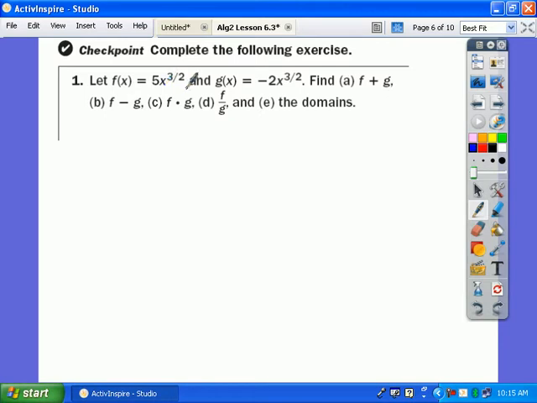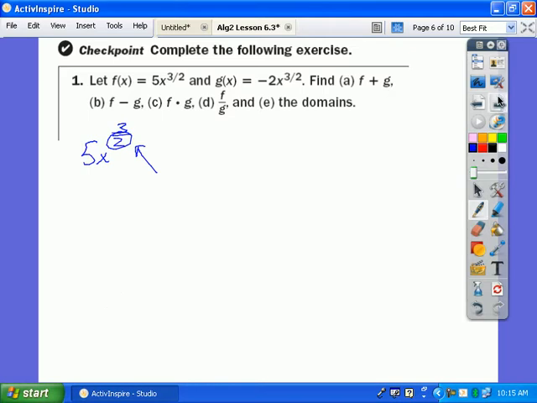So that is an even root. Again, if I have 5x to the 3/2, this is basically like taking a square root. The denominator tells us what root we're taking. So the domain here would be generally from 0 to infinity. If it's an odd root, it should be all real numbers as long as we're not dividing by 0.